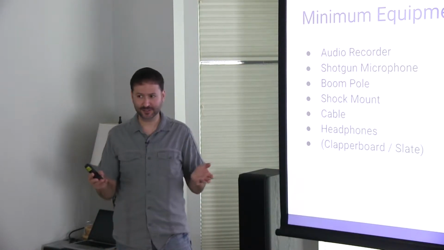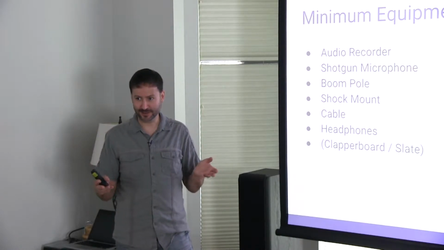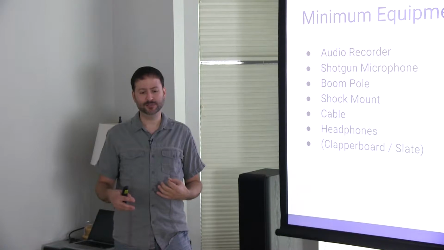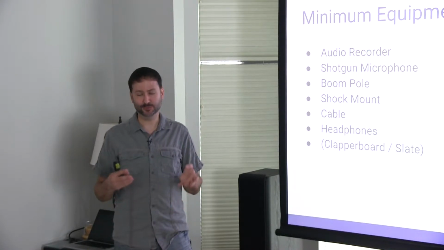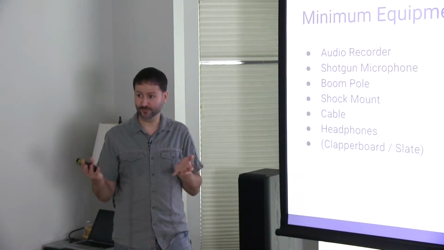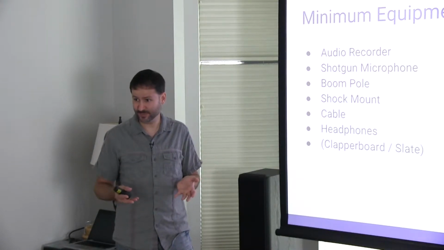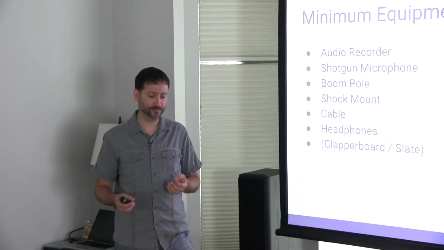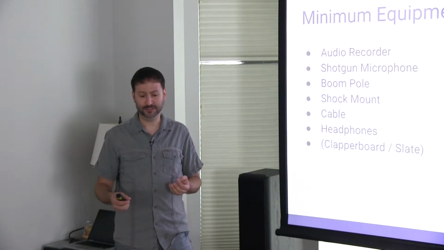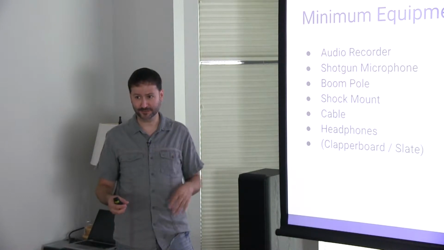I will say that there are other ways to record audio than on an external recorder, but you won't get good results. You won't get the results that you want for real film audio. A lot of people record audio from the camera, and a lot of people have an on-camera microphone.